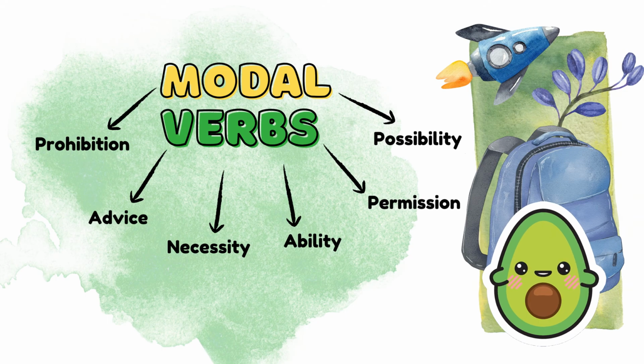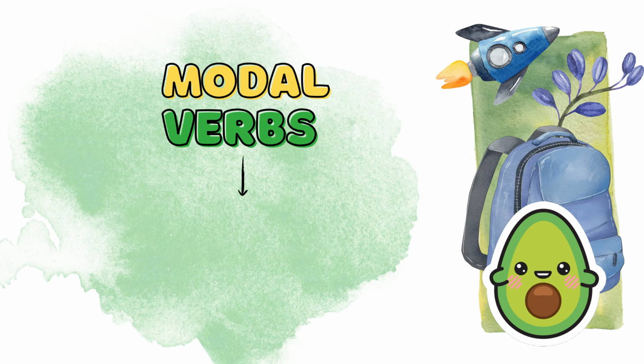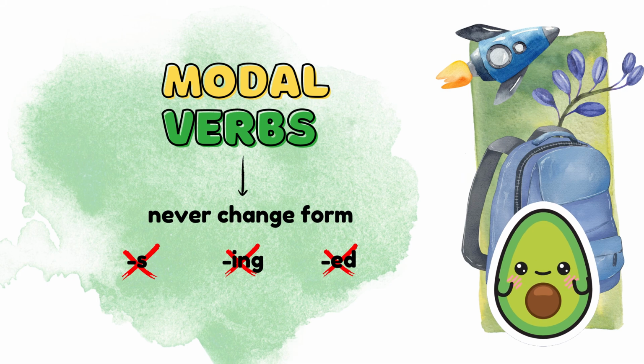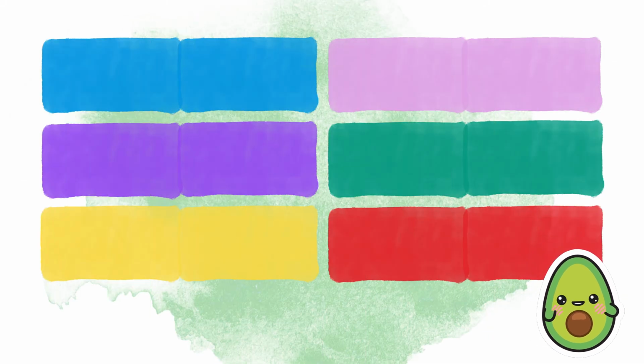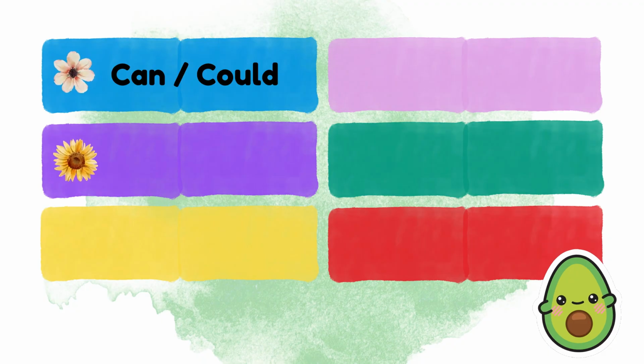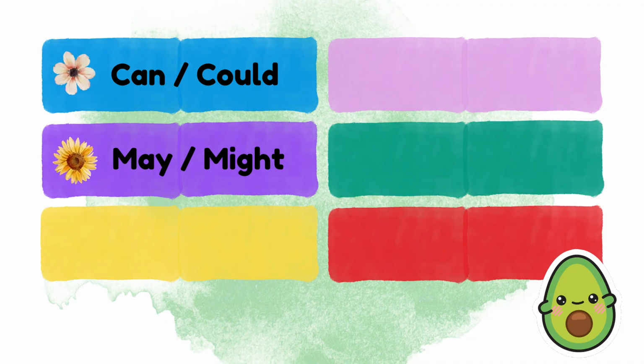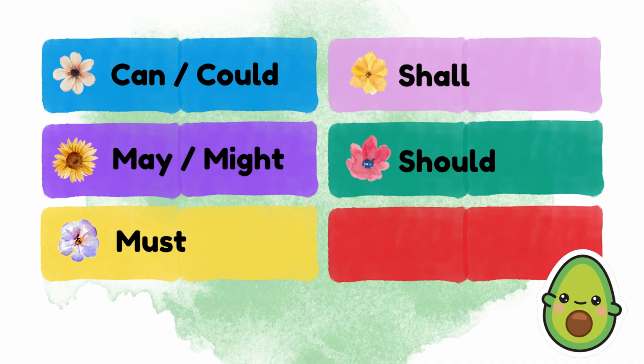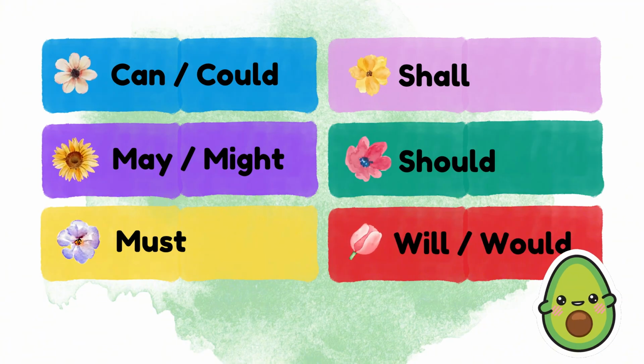And here's the good news. Modal verbs are very easy to use because they never change form. No S, no ing, no ed. They are always the same. Common modal verbs are can, could, may, might, must, shall, should, will, would.